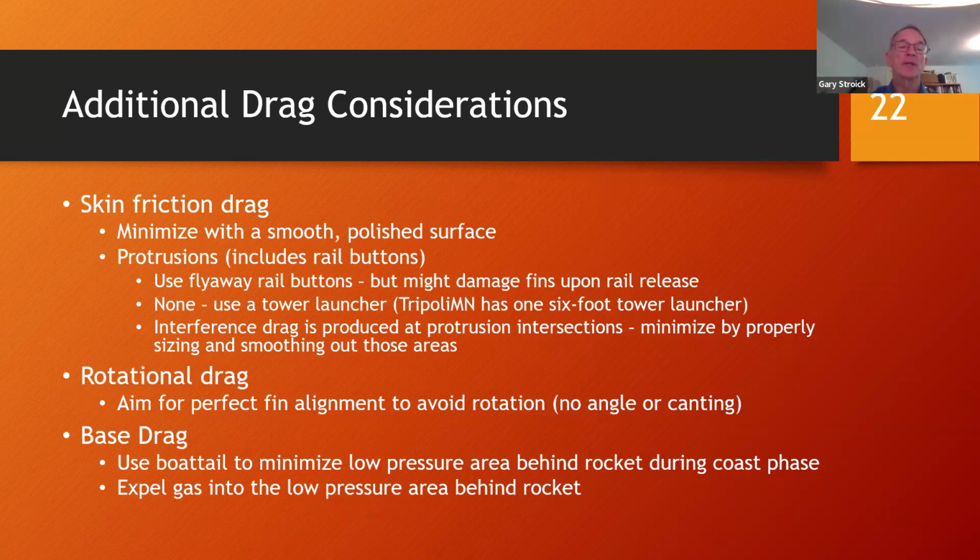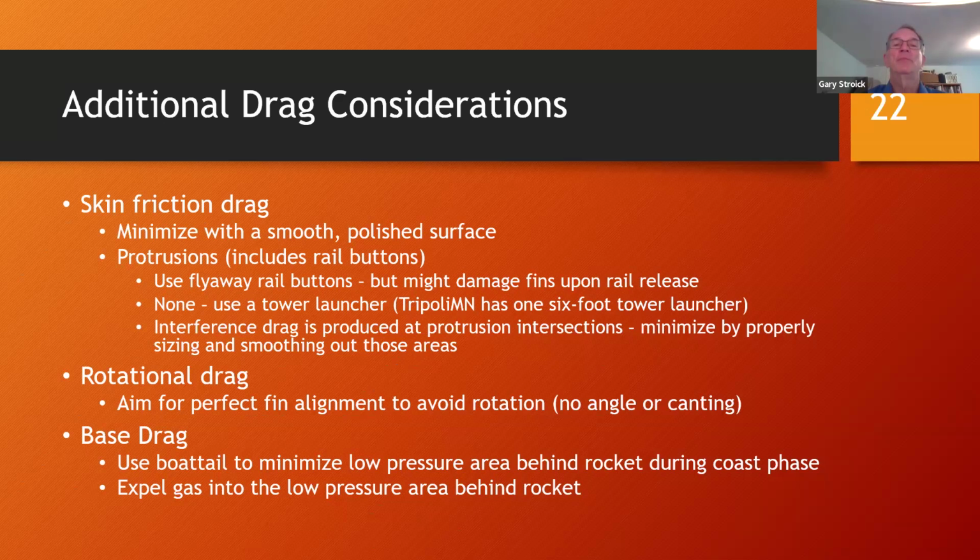And then there's something called interference drag, which is produced not only at the protrusions, but at the interface between the protrusions and the airframe. If you think of your fins and the epoxy you're creating the fin fillet with, that fin fillet is producing this drag.